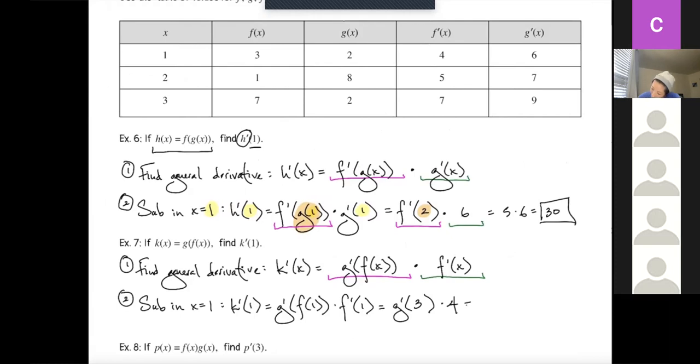And then last but not least, I got to find g prime of 3. And what number does that give us? 9, perfect. So 9 times 4 equals 36. Okay.